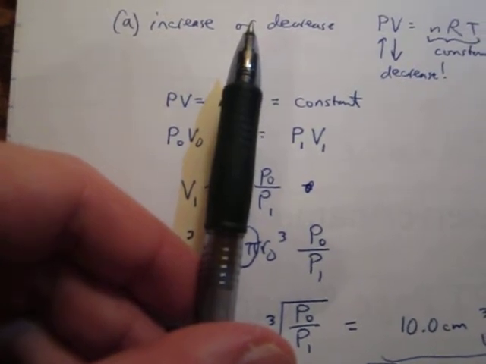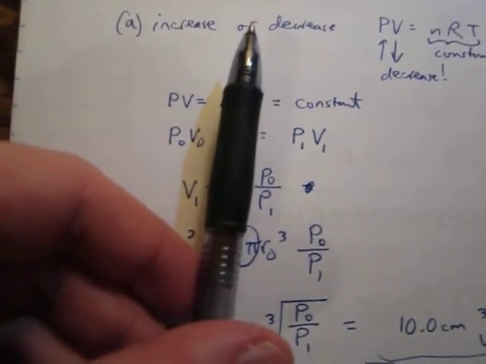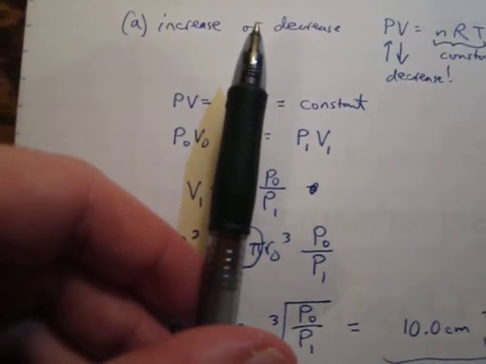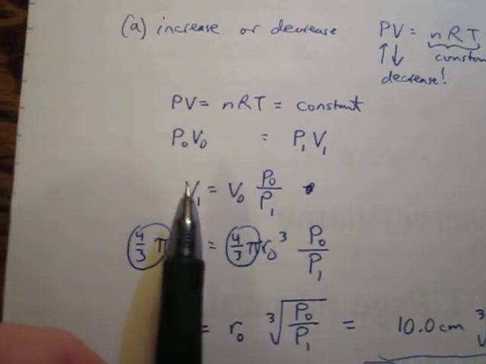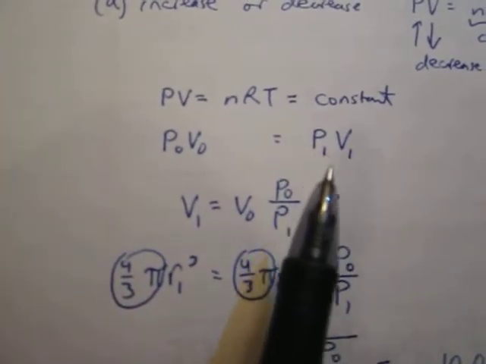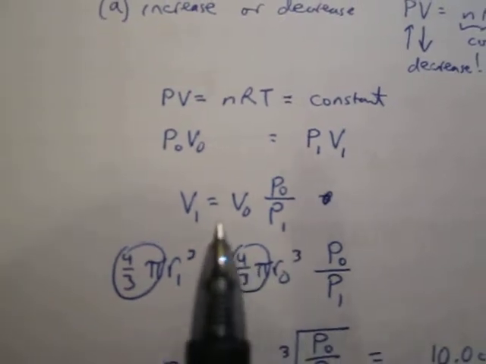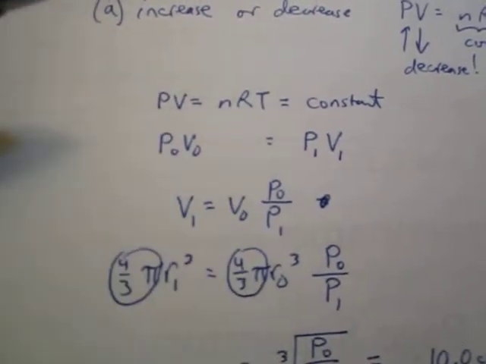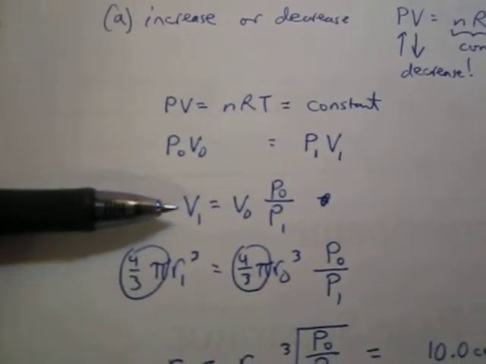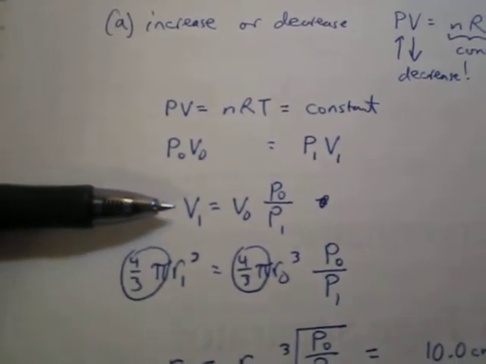I don't really care what that constant is, just to know that P times V is constant. And if it's constant, then I can say P0 times V0 equals P1 times V1. I want to know what the final volume is, V1. So solving this equation for V1, we get volume 1 equals volume 0 times the ratio of P0 over P1.